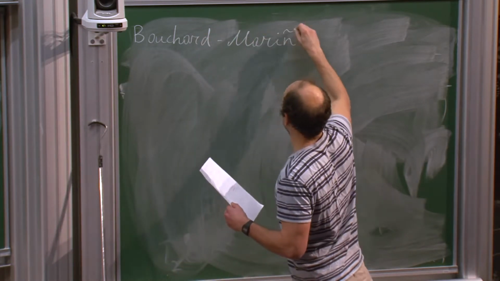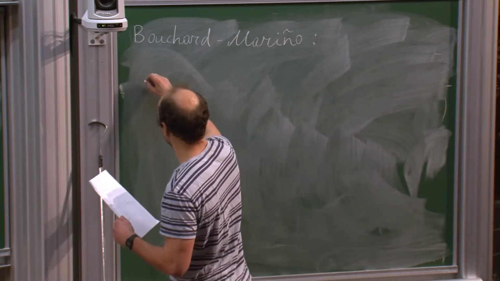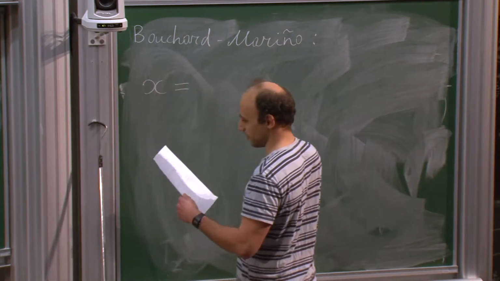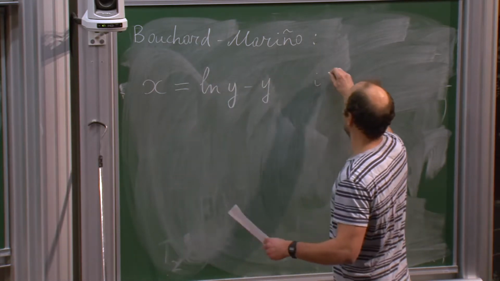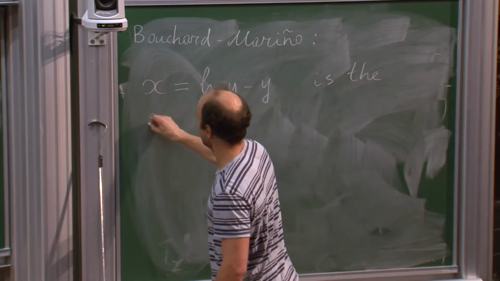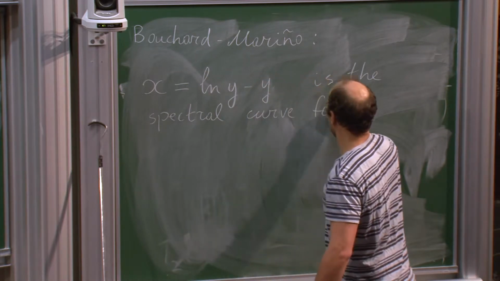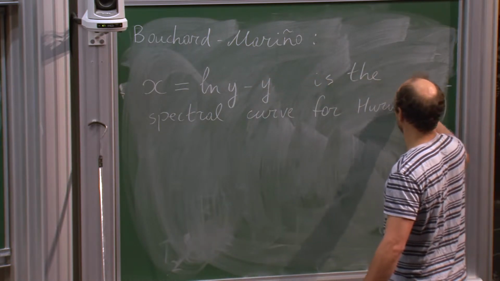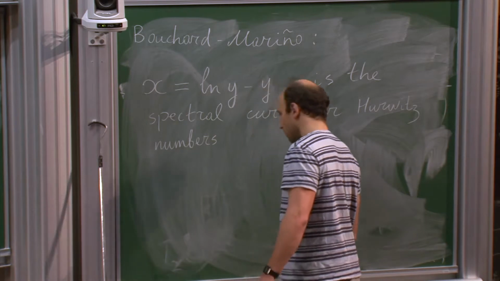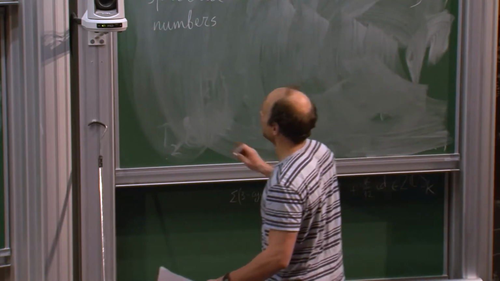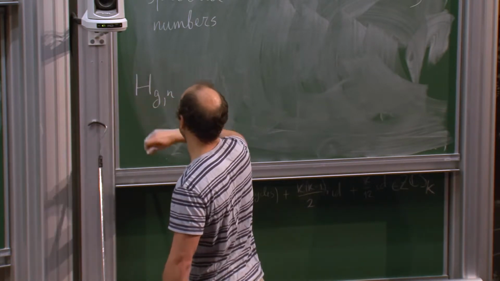That was actually proved since, which says that the plane curve x equals log y minus y is the spectral curve for Hurwitz numbers. So more precisely, if I write H_{g,n}, maybe I should write W_{g,n}.